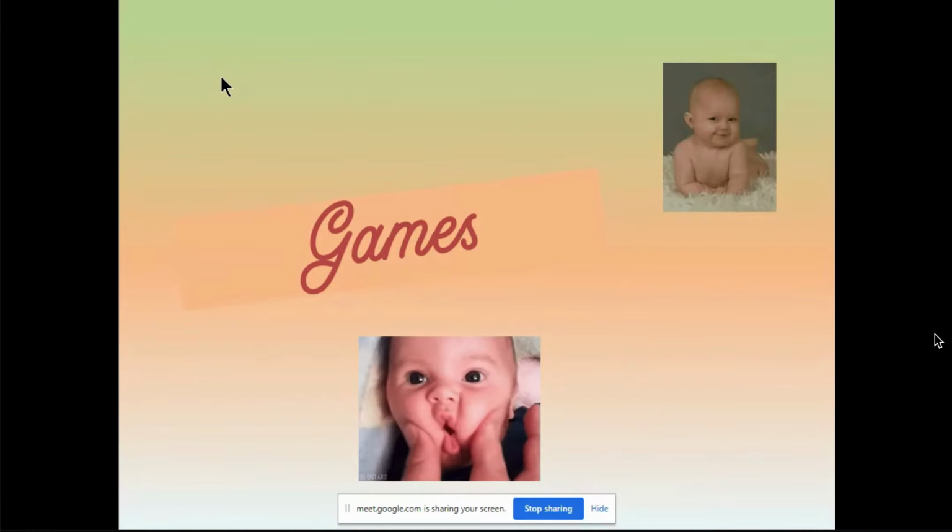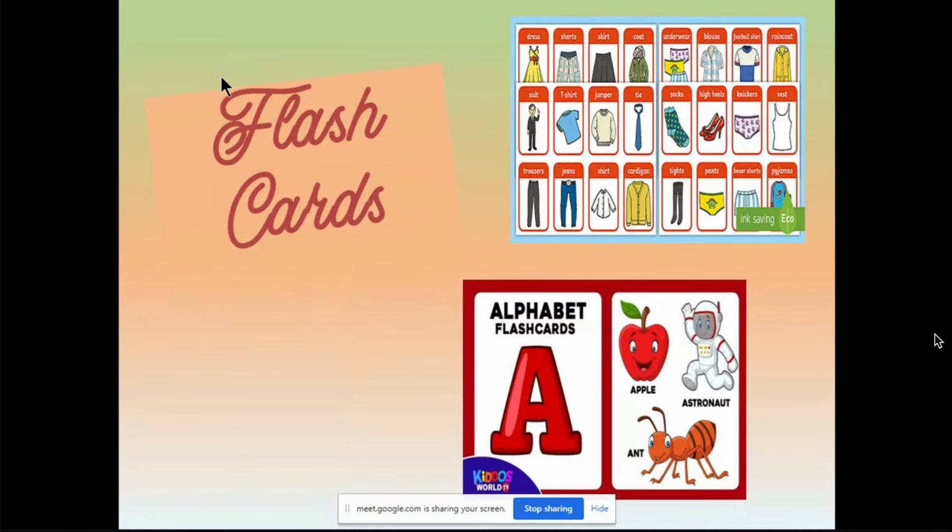Some games include boys versus girls. You could have by groups or class versus class. They love that. And we could also use flashcards. There are different free flashcards, or you could just make yours on a PowerPoint presentation.